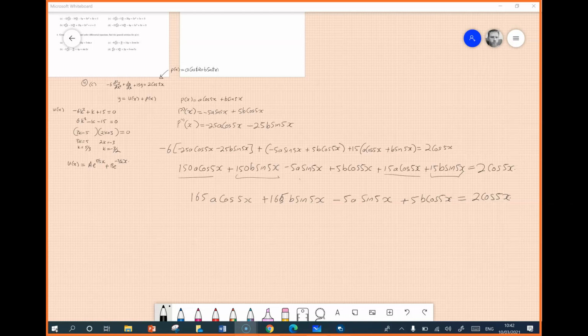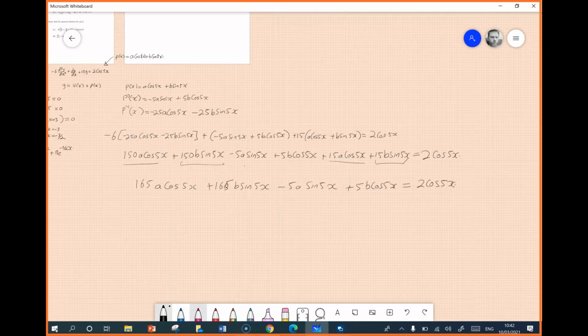So I now have to equate the like terms on the left with the like terms on the right. So I've got my cosines: 165a cos 5x plus 5b cos 5x, and that's equal to the cosines on the right, which is 2 cos 5x. But I'll notice I have no sines on the right, so you could say I have 0 sine 5x. So we can equate the sines to that.